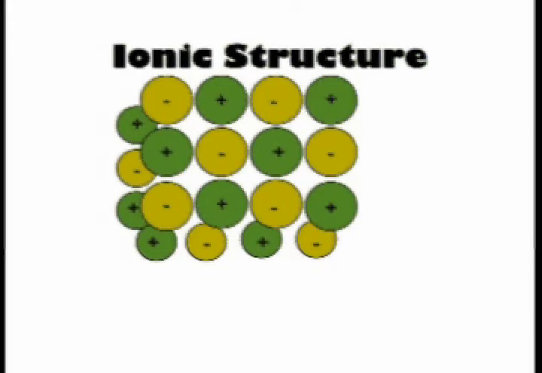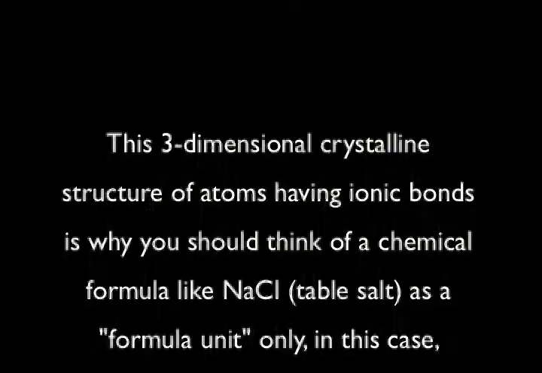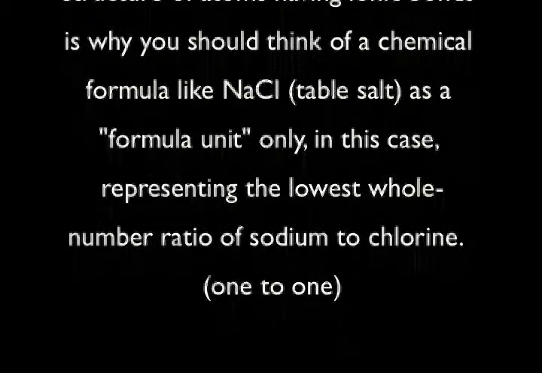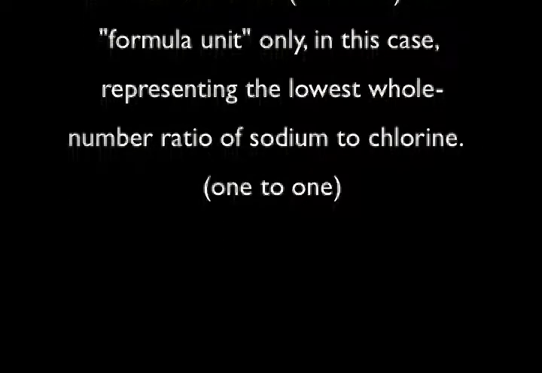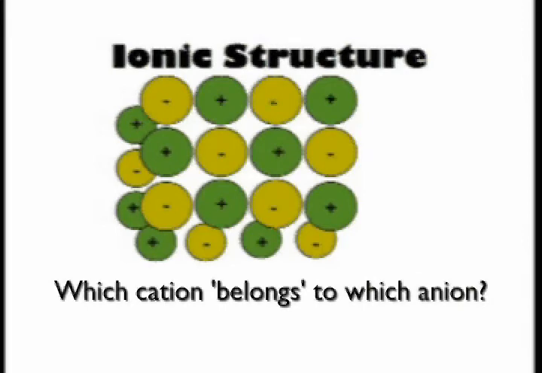Imagine all of these cations and anions all mutually being attractive. This 3-dimensional crystalline structure of atoms having ionic bonds is why you think of a chemical formula like NaCl, table salt, as a formula unit, representing the lowest whole number ratio, 1:1 in this case.